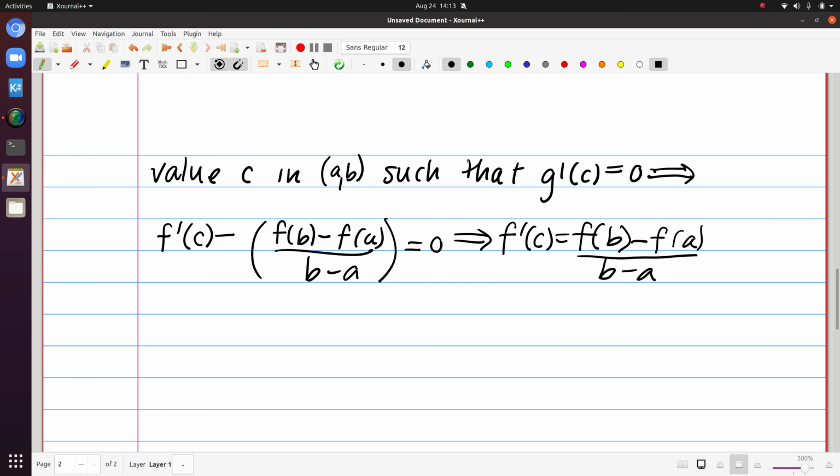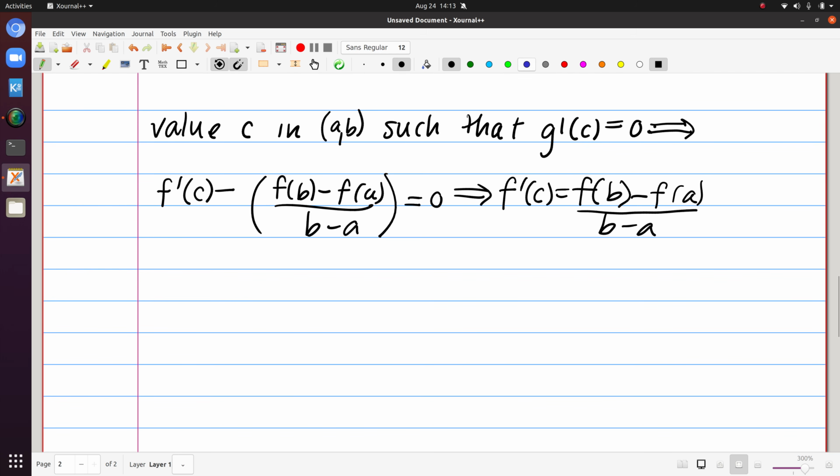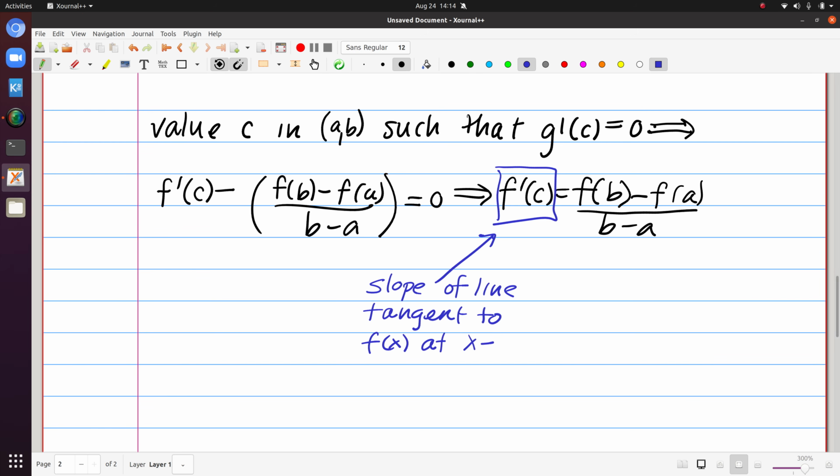So thinking about what that means is that if we look at these here, on the one hand, this is the slope of the line tangent to f of x at x equals c.